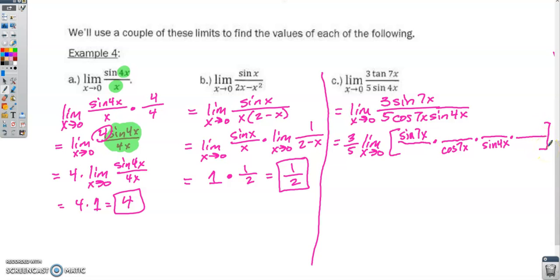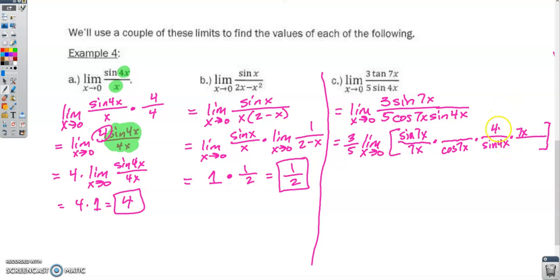Now ideally, if I have sine of 7x over 7x, I know the limit of that is going to be 1. So I'm going to put a 7x in this denominator, which means I need a 7x in this numerator. I'm going to go to the third fraction. I need the numerator of the third fraction to be the same as what's inside of the sine function.